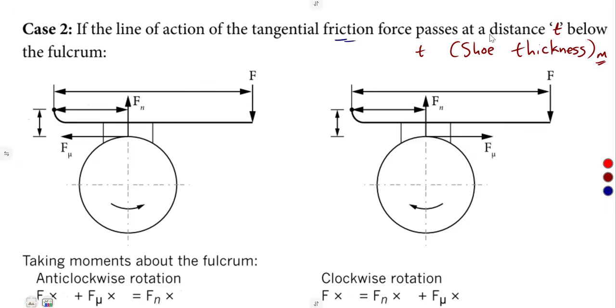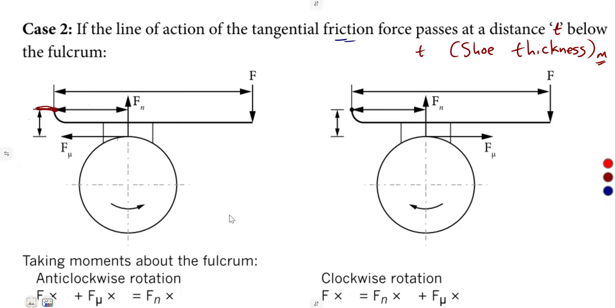So we are now having, when it passes through a distance that's below the fulcrum, this is our pivot point. From that, we are seeing that there is a distance covered to where the line of action of the tangential friction force is going.